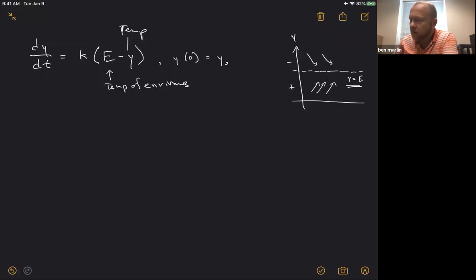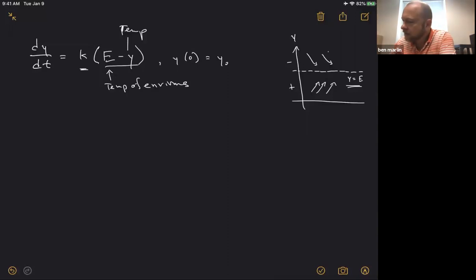So we would go over here and think in this equation, if I want dy dx to be positive, then since y is less than the value of e, then e minus y is going to be positive. So I'd also expect for my k to be positive.